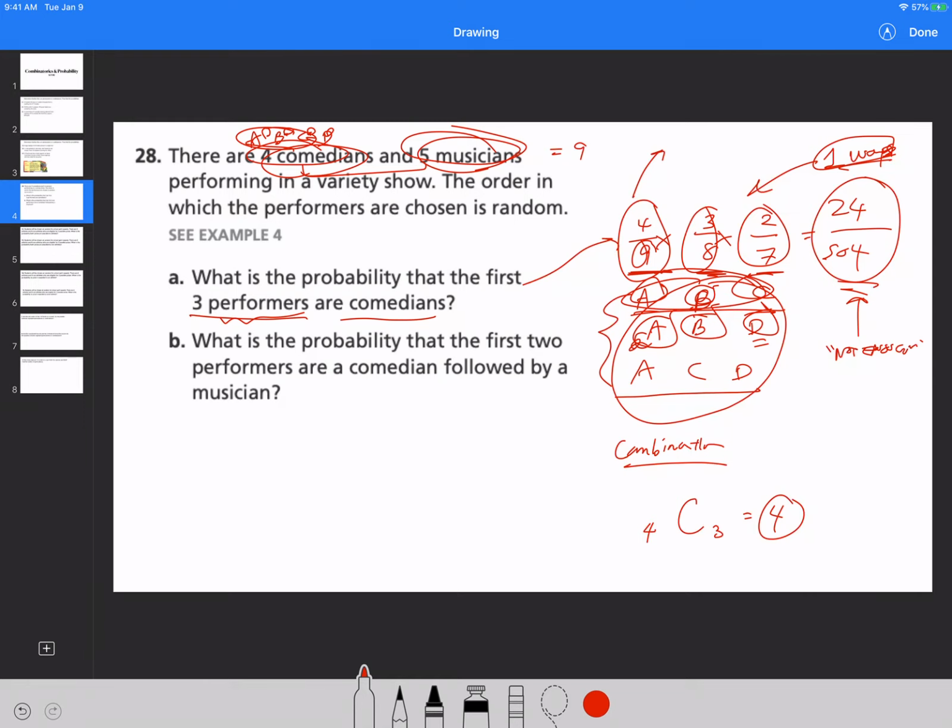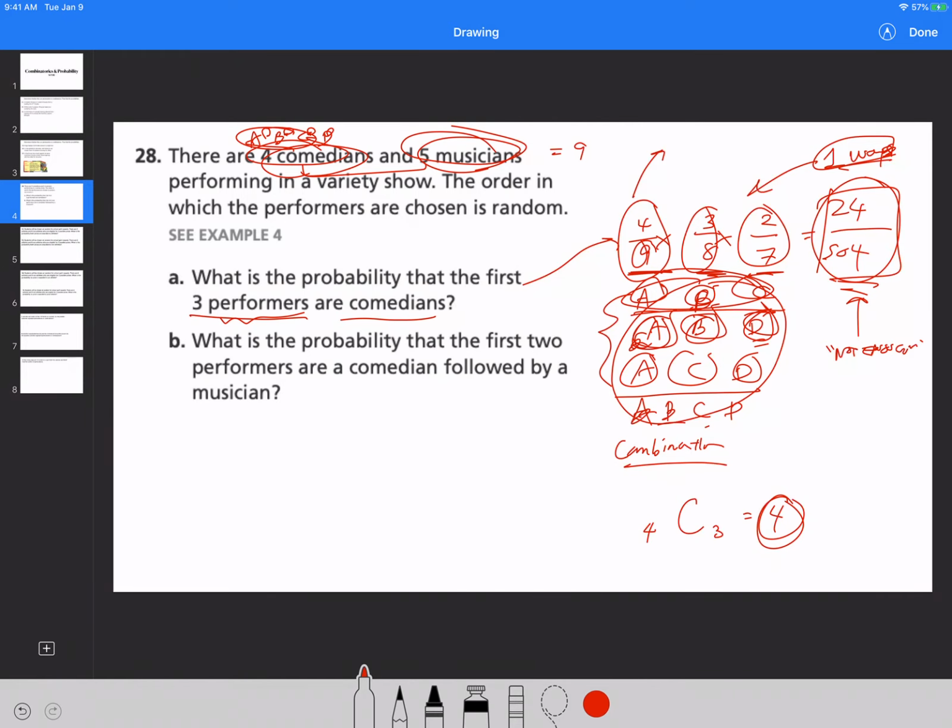A, B, C; A, B, D; A, C, D; and the last one would be B, C, and D. Those are the only 4 ways in which this could happen, because the order doesn't matter as long as I group them in a 3. So what do we do with this 4 and the probability of one of them?